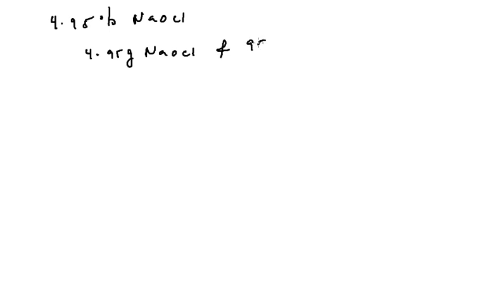So we have our 4.95% of sodium hypochlorite. So we know that we have 4.95 grams of sodium hypochlorite, and we also have 95.05 grams of water.